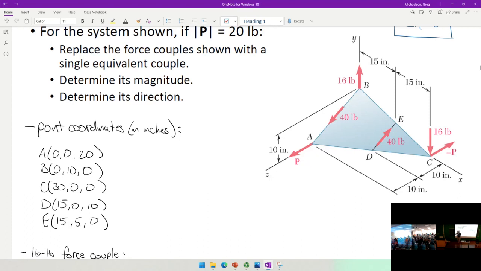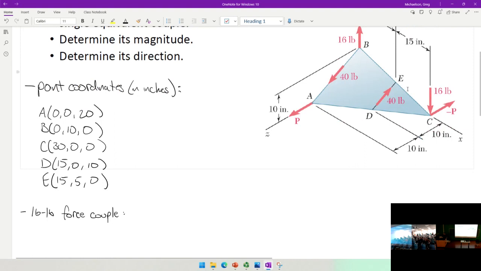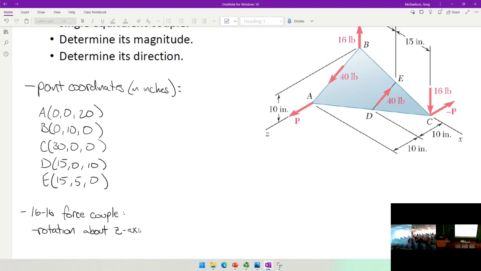Now, the forces are aligned along the y-axis, but it's causing rotation along the z. Does everybody see that? Okay. So rotation about the z-axis.